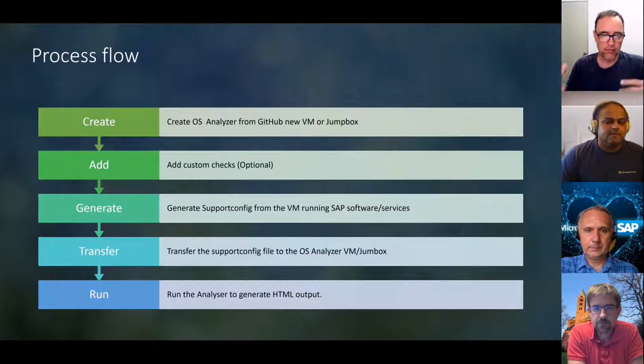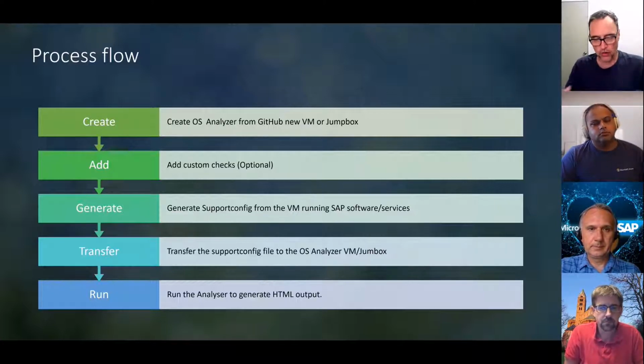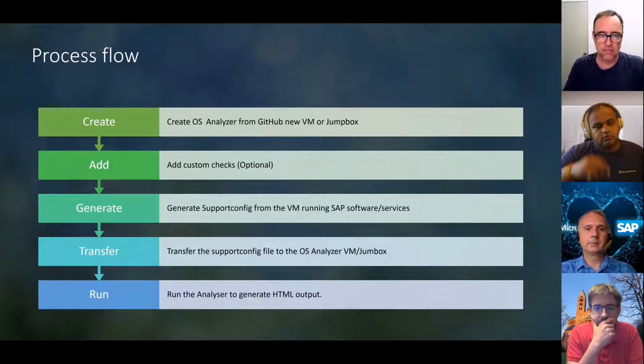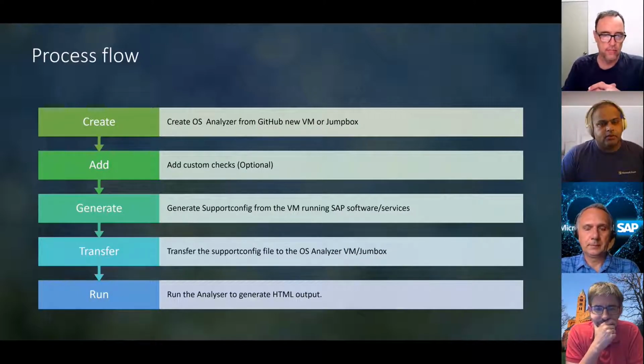So to give an overview of how this would work, the whole idea of the VMOS Analyzer is similar to the quality check, which is to compare the configurations of a Linux machine to our recommended configurations and tell you if there are any outages or any warnings.